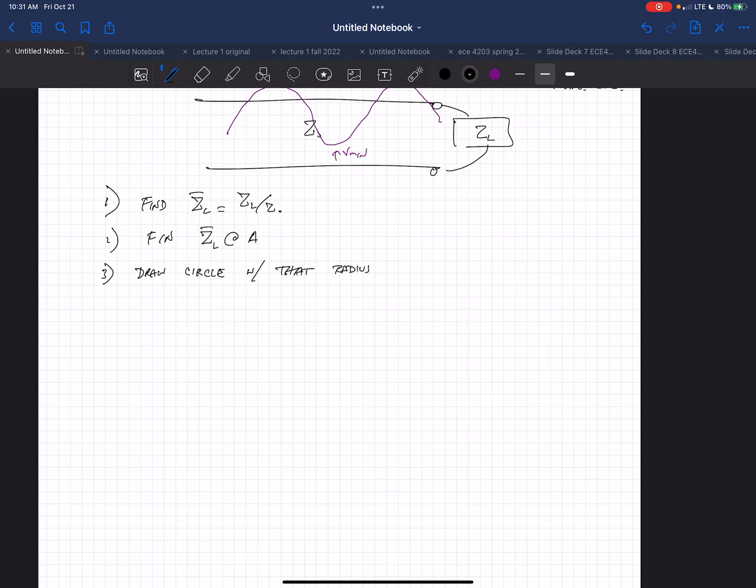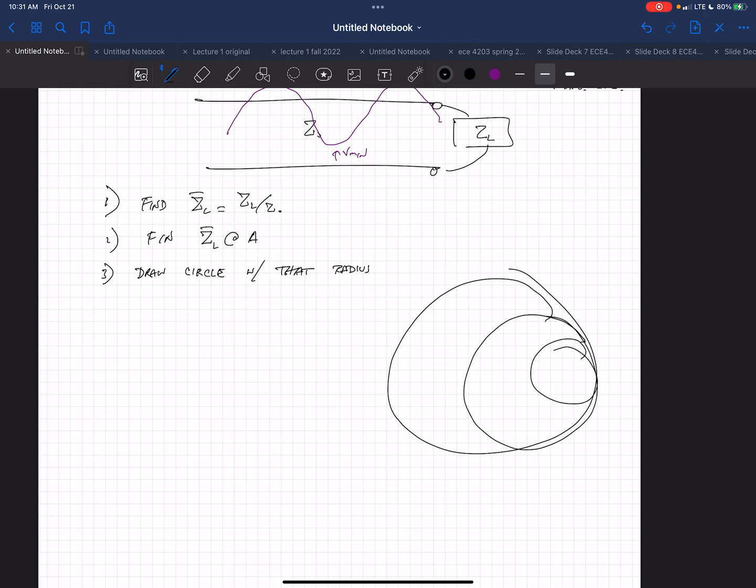On a Smith chart, these would be the lines.